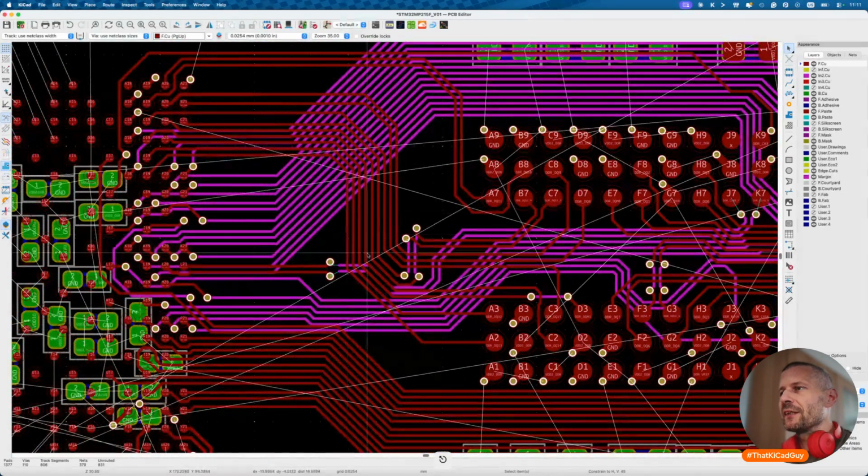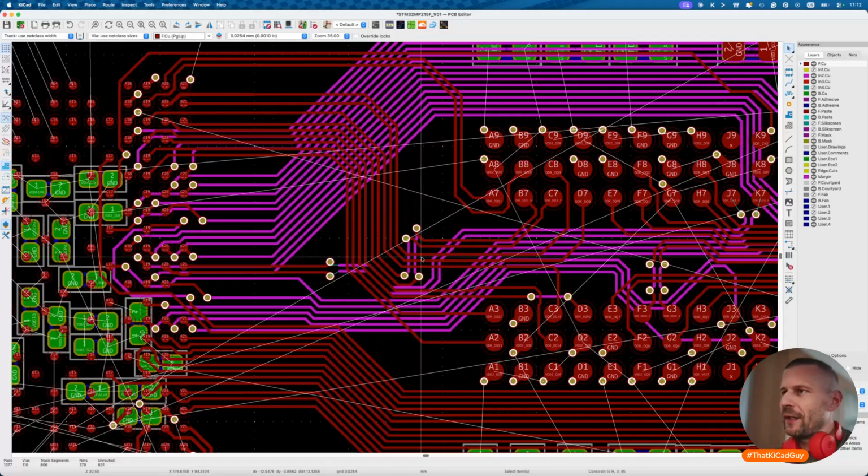So if I keep this pair as is, all the others should be length tuned to be within the tolerance band of 1.42 millimeter, plus minus. So the width of the tolerance band is 2.8.